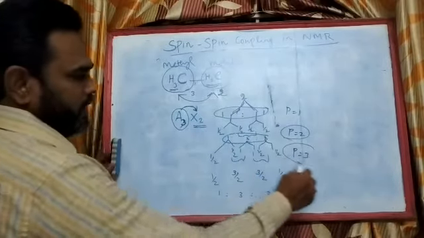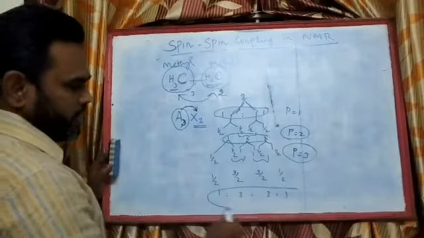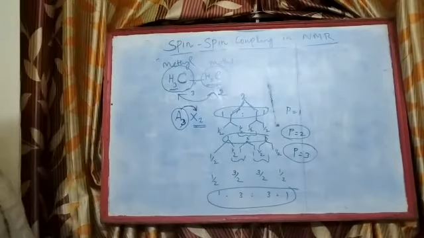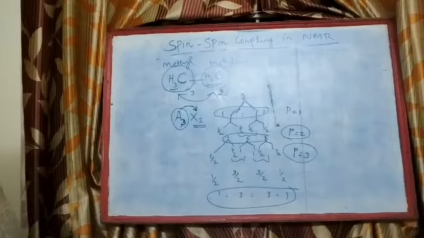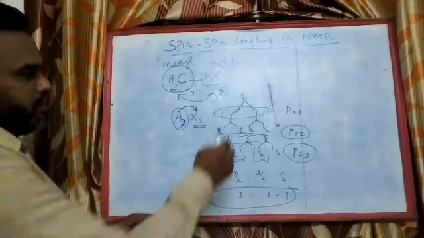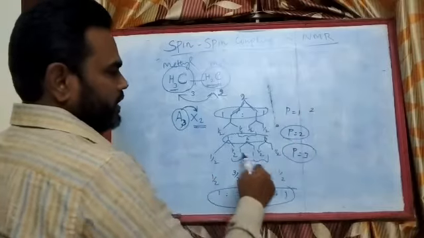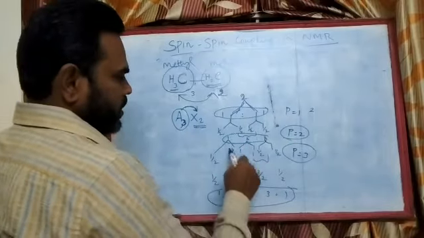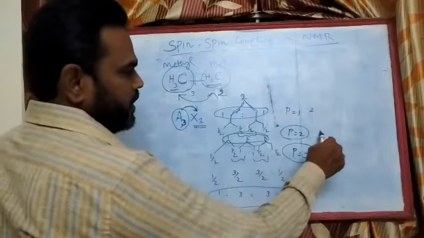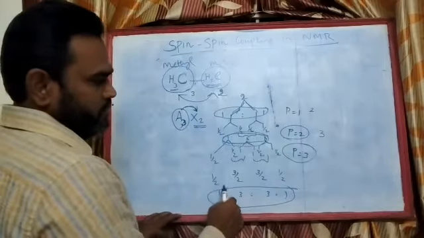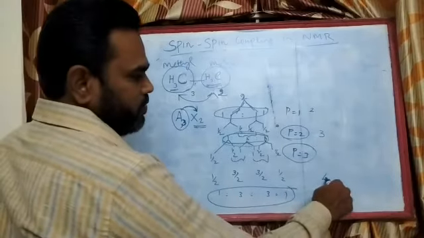When it is split by the next proton, it becomes 1:3:3:1. So how many splittings will we have? See here. By the influence of the first proton, it splits into 2 lines. By the influence of the second proton, 1:2:1, it is split into 3 lines. By the influence of the third proton, it is split into 4 lines.